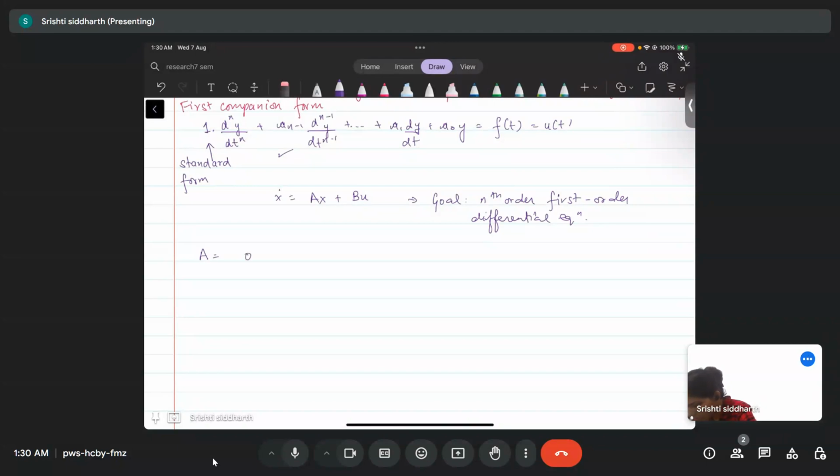So 0, 1, 0, 0, 0, 1. So you can see that 1 is shifting to the right. It keeps on shifting to the right up to the second last row of the A matrix. The rest is all 0. And the last row of the A matrix is the negative of all coefficients starting from the right hand side. So this would be minus a0, minus a1, minus a_{n-2}, minus a_{n-1}.